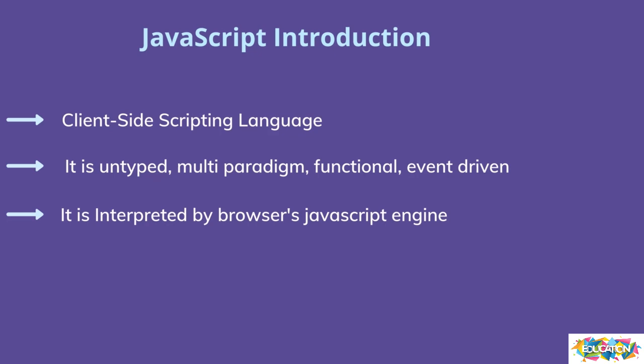Now, something more about JavaScript. Let's see. It is untyped. Untyped means if we know something about programming languages, you may know about the thing called data types, which specifies the type of data we are going to process. But while working with JavaScript, you will observe it is untyped, means it is not a type-safe language.